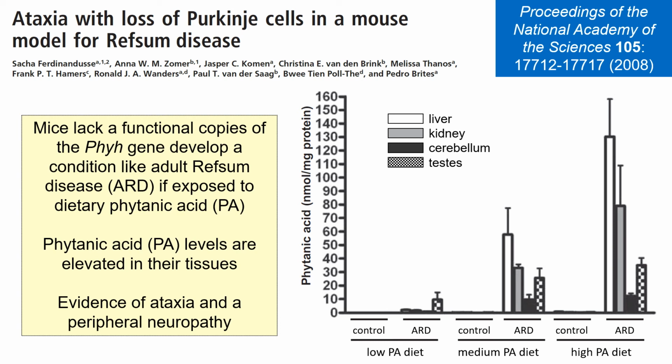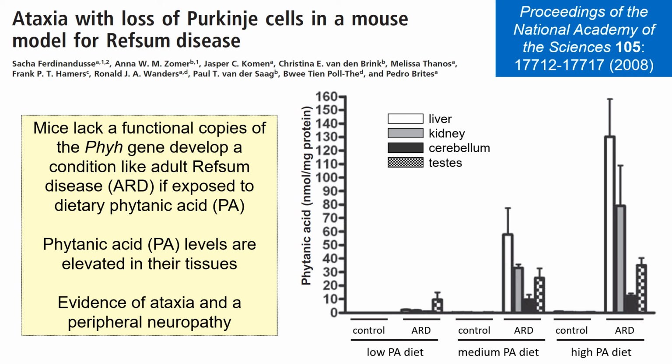So if you look at the panel on the left, on the y-axis, you'll see the amount of phytanic acid levels in nanomoles per mg of protein. And on the x-axis, on the lower part, you'll see animals that are on low, medium, and high phytanic acid diet. And you will see animals that are controls and ARD, which is adult Refsum disease.